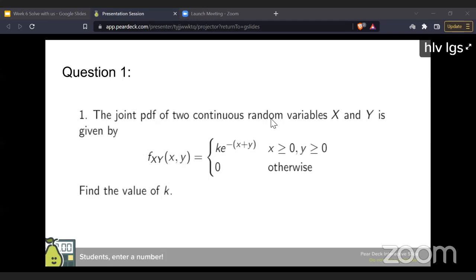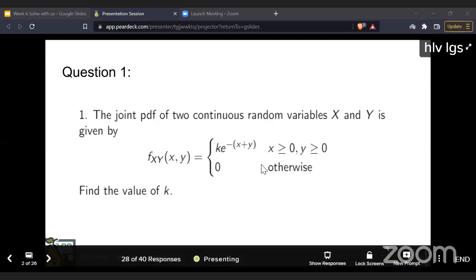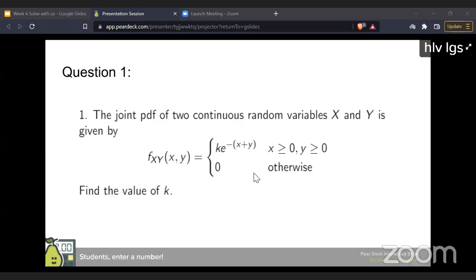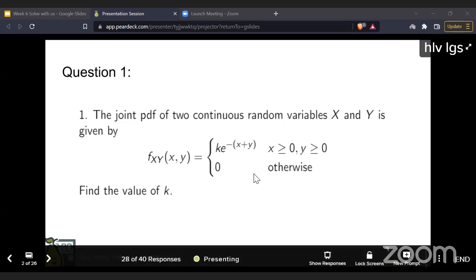After doing the integration, I got only e raised to the power minus x. Then I integrated with respect to x. So my answer was k times, and putting the limits, my answer was k. The integration part we will see. Okay, so the basic idea, yeah, thanks, Manan.